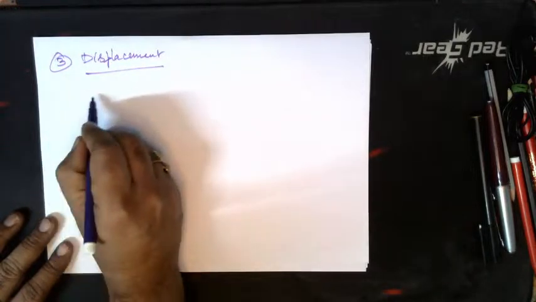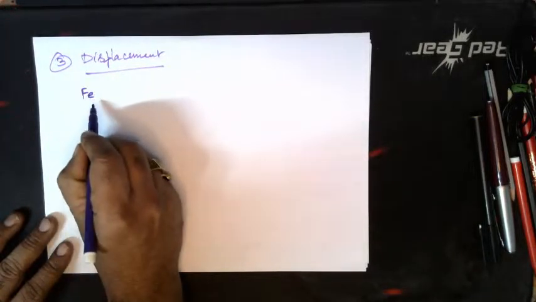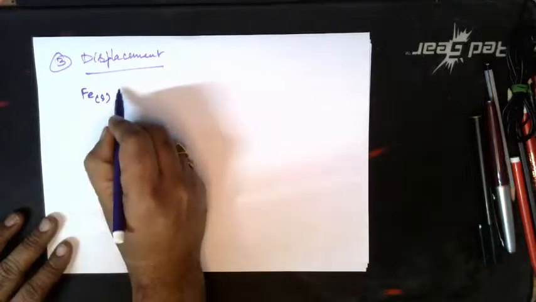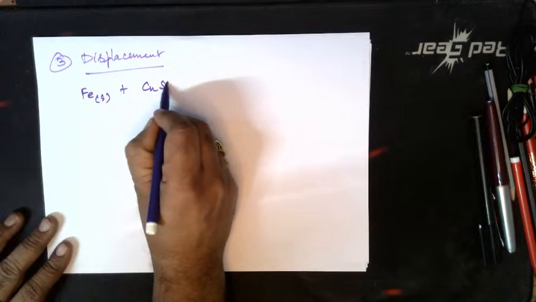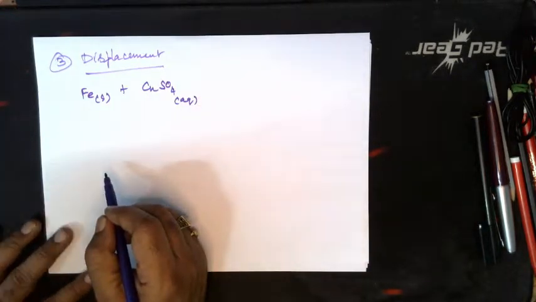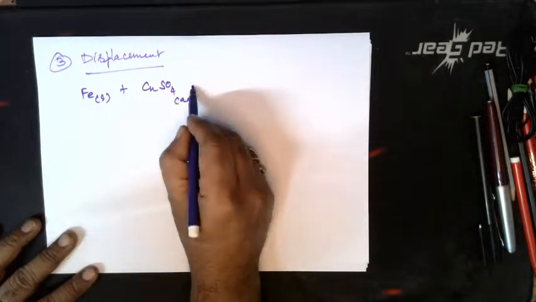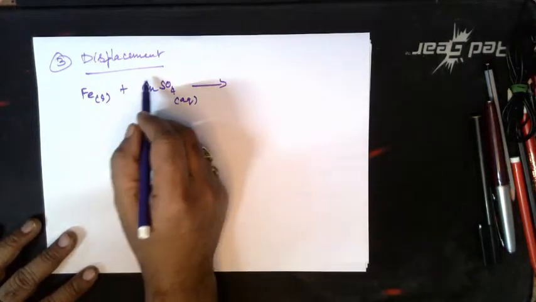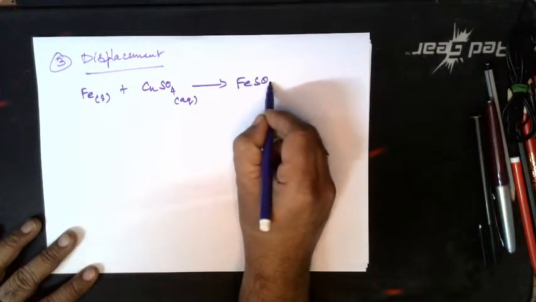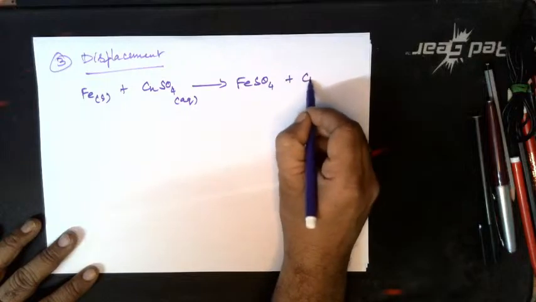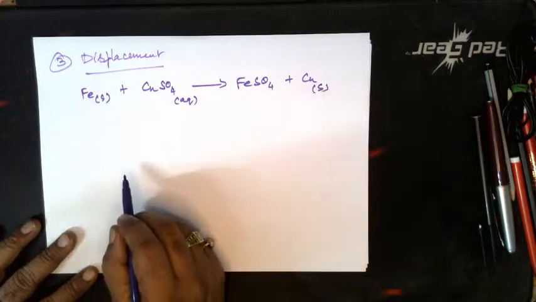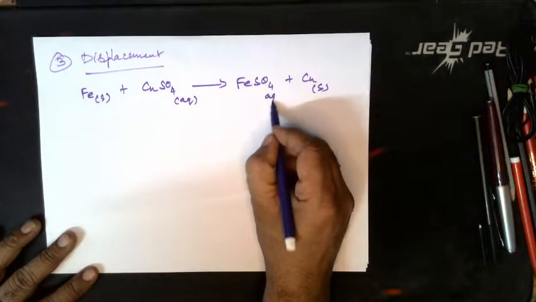For example, iron, Fe, it is in the solid form. Now copper sulfate, CuSO4, it is in the aqueous form, that is in the solution form. Copper sulfate. Now what happens? This copper is replaced by iron. So you are able to get FeSO4 plus copper is displaced as solid, and this is in the solution form.